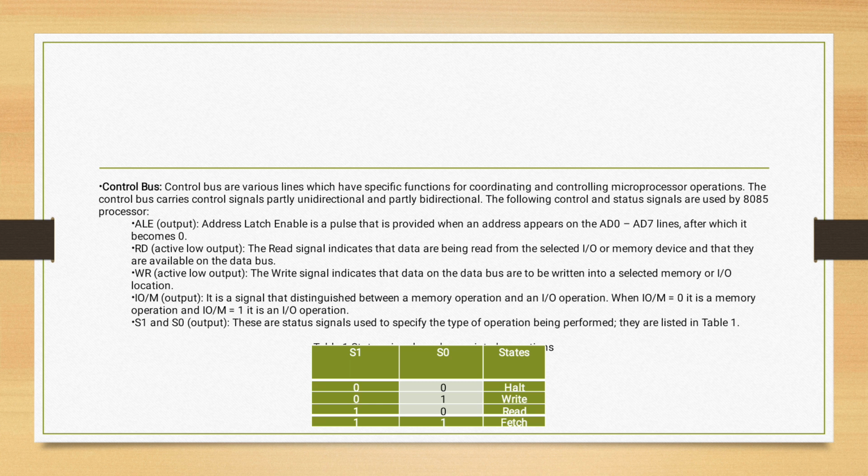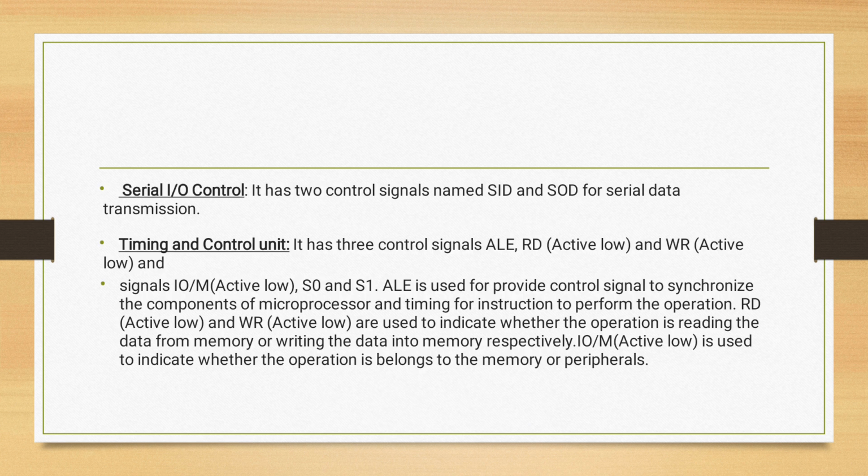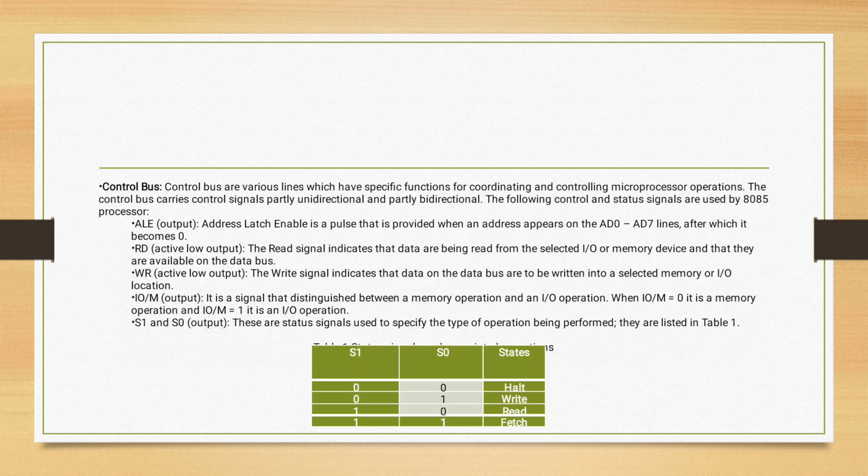So now, what is serial IO control? It has two control signals. One is called SID, another one is called SOD: serial input data and serial output data. And another very vital unit, or the important unit which is available in 8085, is called timing and control unit.